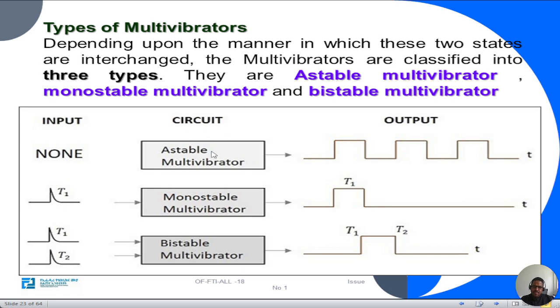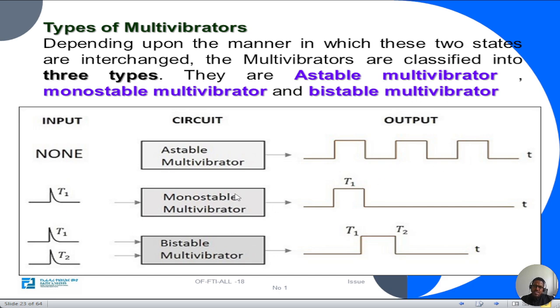So during astable multivibrator, there is no input control, thus the circuit only needs an applied source. So our output is astable, unstable, that is off and on in the output signal.